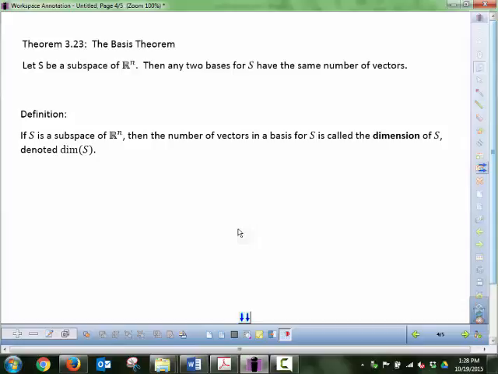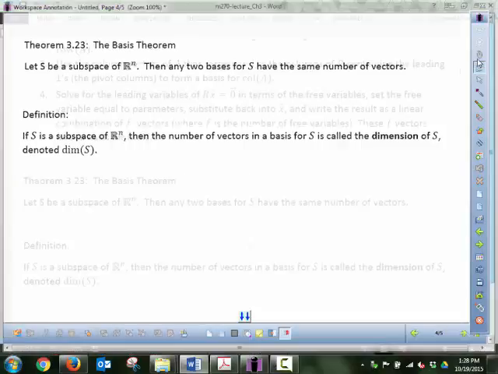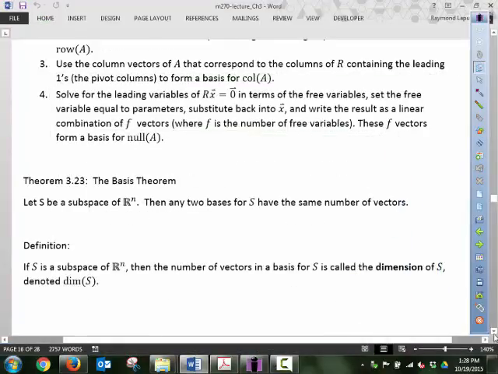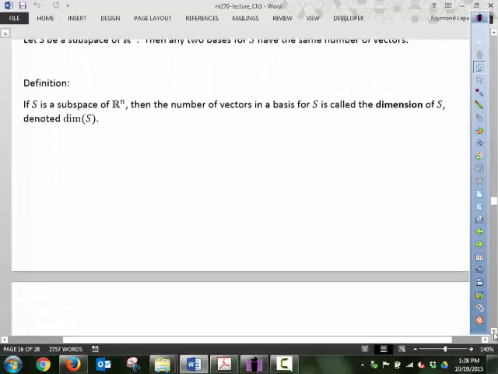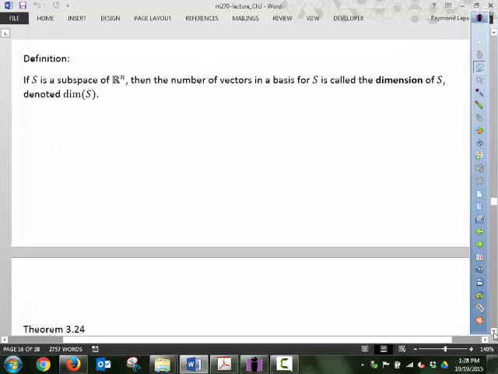So in nicer terms, it's the number of basis vectors you have that span your space. So that's dimension.